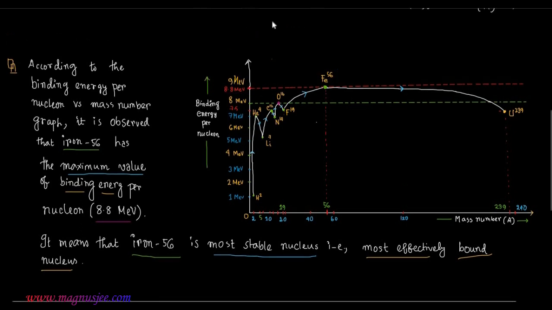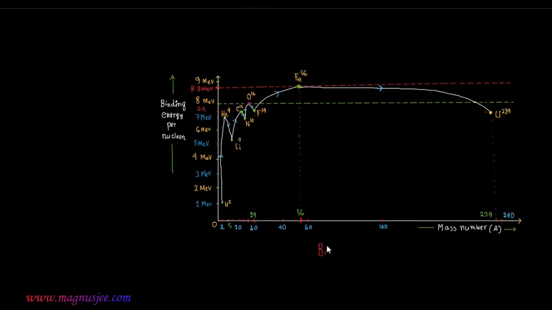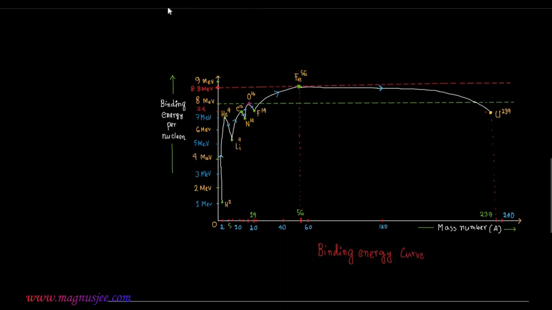On the curve, Fe56 exists at the highest position. That means Fe56 has maximum binding energy. That's why it is the most stable nucleus or element. And this is the binding energy curve.